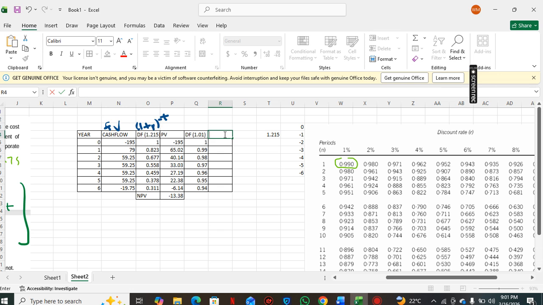Then you repeat the process again. Cash flow multiplied by discount factor. The cash flow still stays the same.